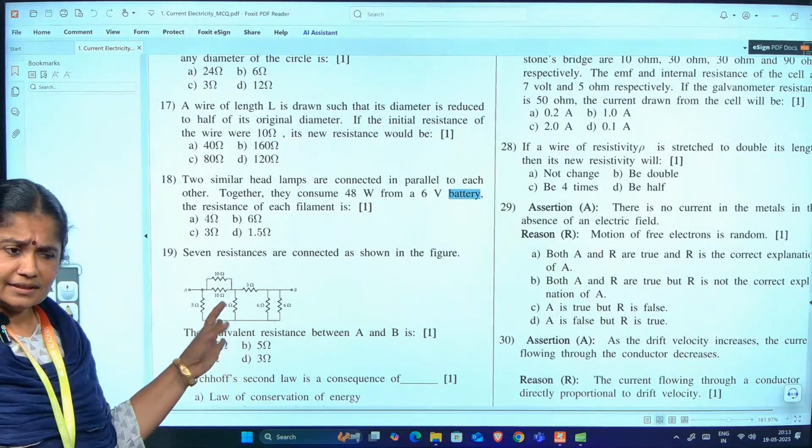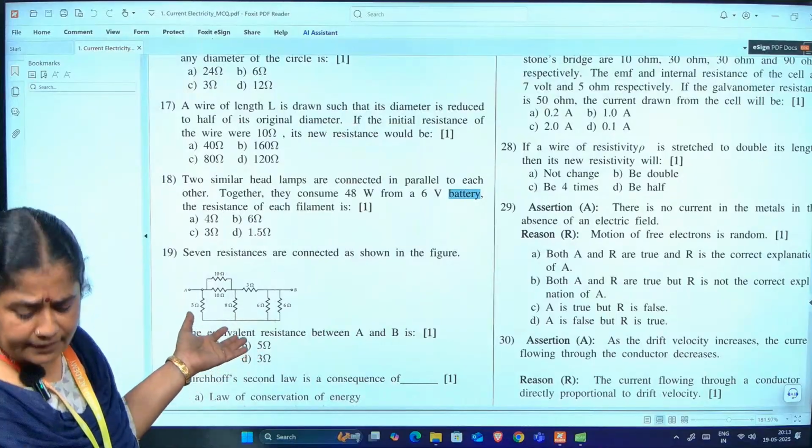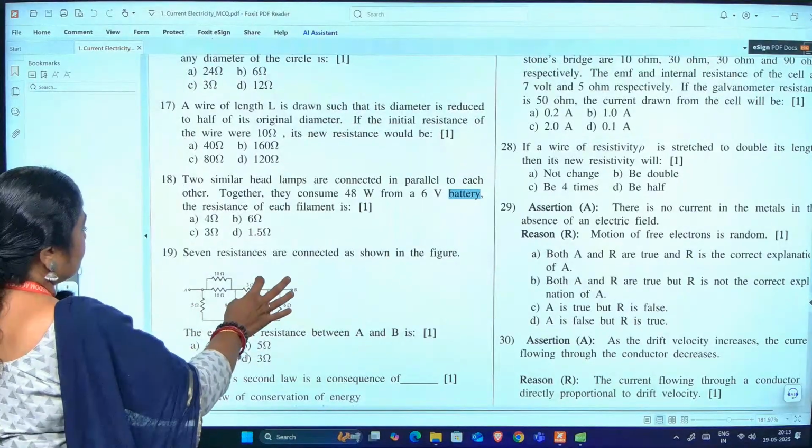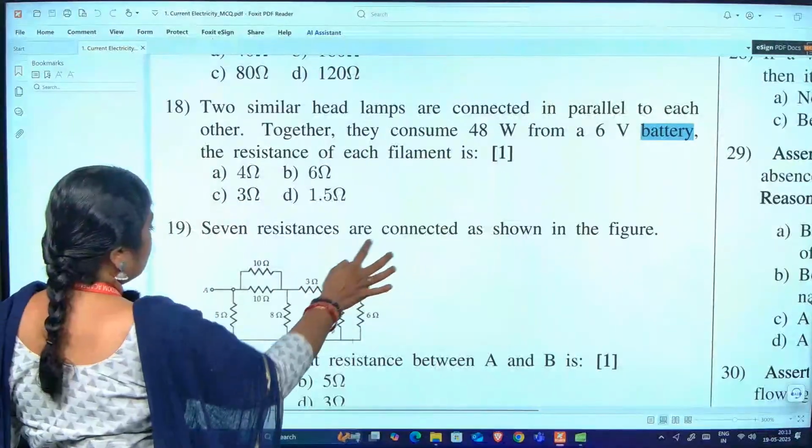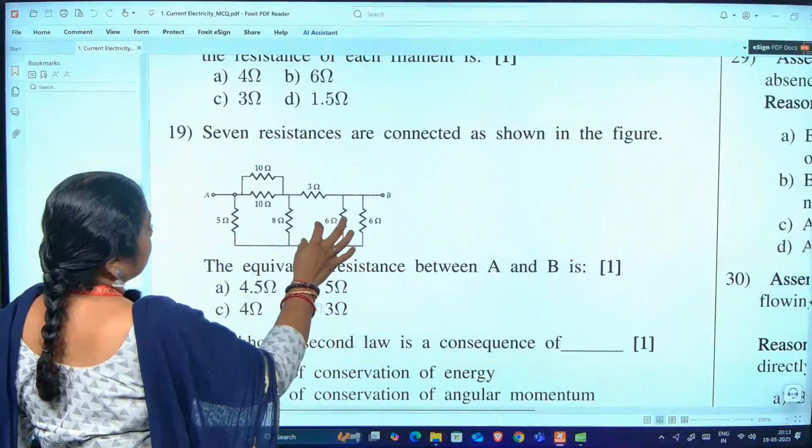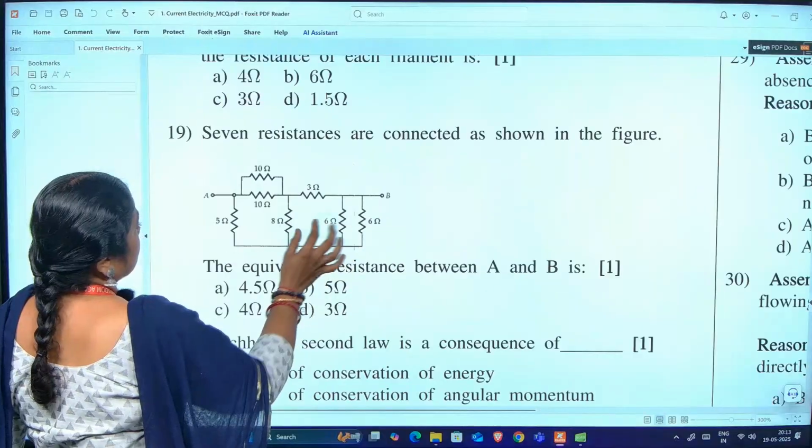இதை நீங்களே சால்வ் பண்ணுங்க. 10th ல இருந்தே series parallel connection பண்ணிருக்கீங்க இல்லையா? எது series எது parallel? 7 resistors are connected as shown in the diagram. You have to decide which one is parallel, which one is series, and then solve.